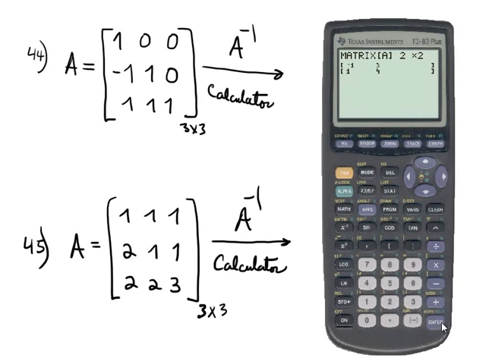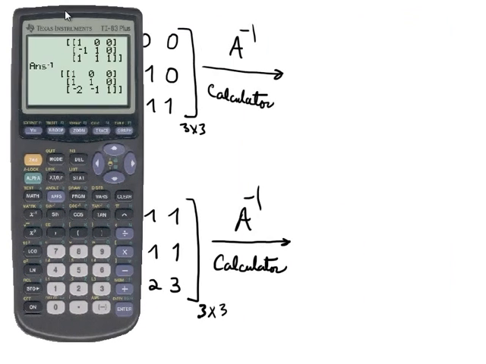Matrix A is 3 by 3, and the numbers are 1, 0, 0, negative 1, 1, 0, 1, 1, and 1. Okay, let's go to the home screen, checking the numbers, to see if everything is okay. Super. Now find the inverse.